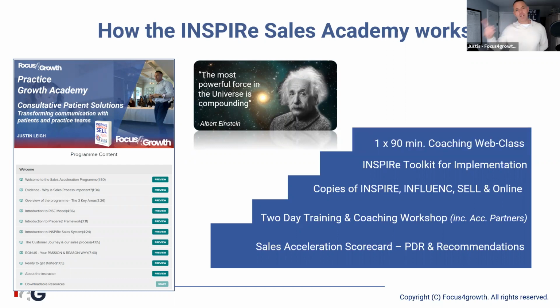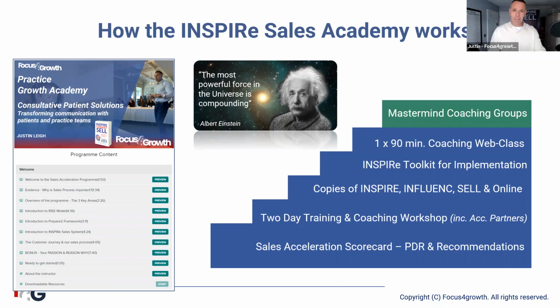And then we've got a follow-up coaching web class about 3 weeks out, that gives you some support beyond the initial sessions, so you get an opportunity to reconnect with the group, share what progress you've made and where you might still need a bit of guidance or support. Long-term, we're thinking mastermind coaching groups, leadership development and all sorts of different programs.